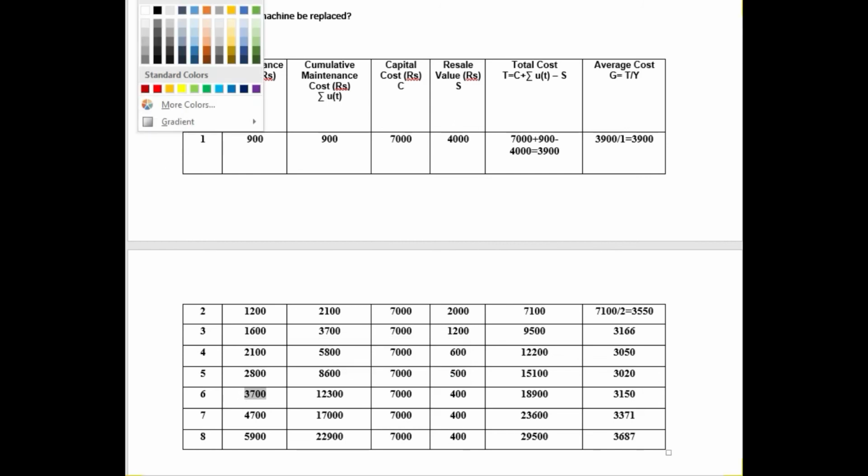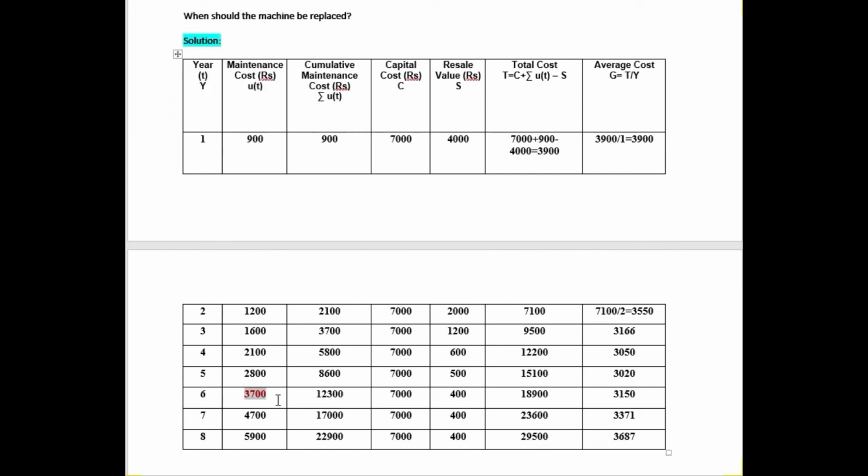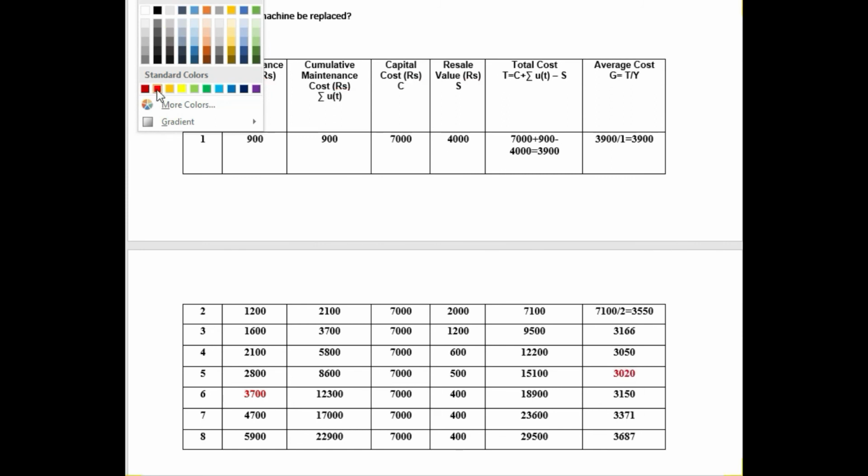So highlight this one. So for sixth year, it consumes 3700 rupees for maintenance, but at the end of fifth year, the average cost is, sorry, 3020.